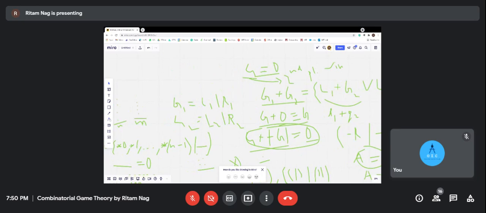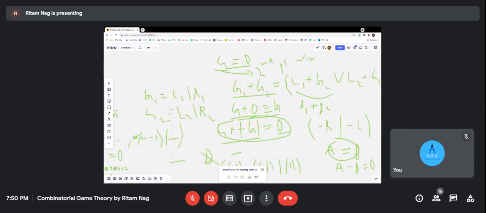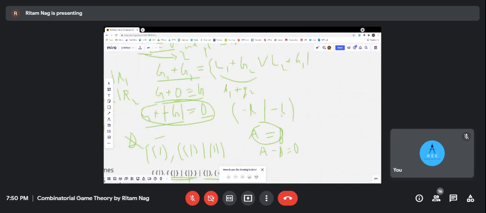If you have an impartial game G, then the negative of the game is the game itself because R equals L, and R and L are both impartial games. So by induction hypothesis, you may assume that minus R equals R and minus L equals L. But then R equals L, so R slash L is also L slash R. So minus G is simply G for impartial games.